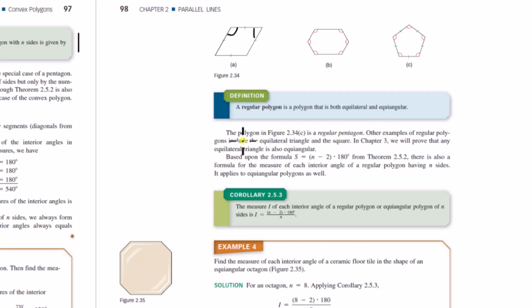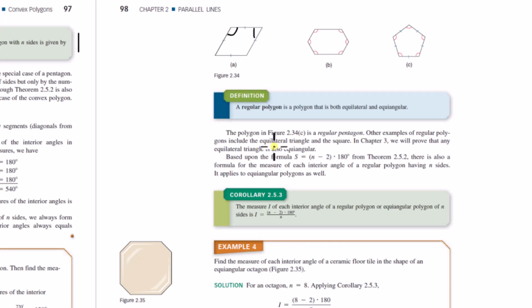Other examples of regular polygons include the equilateral triangle and the square. In Chapter 3, we will prove that any equilateral triangle is also equiangular. So, you can see they just mentioned here that the equilateral triangle was regular.